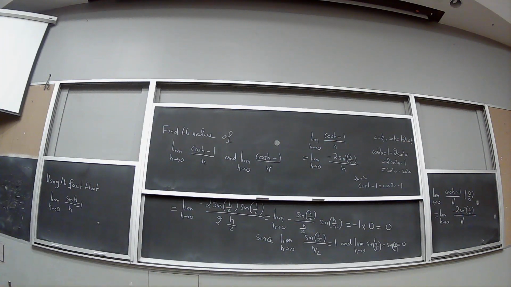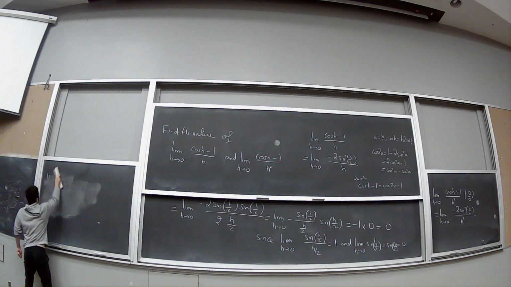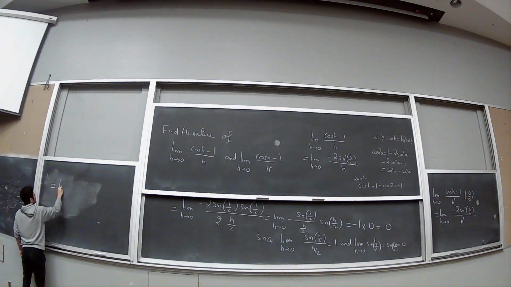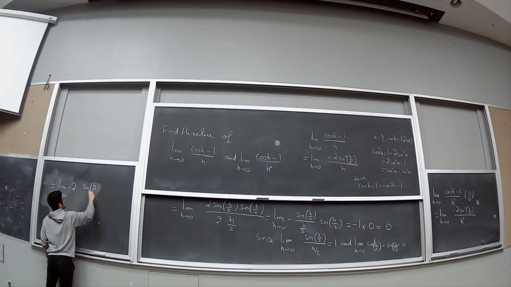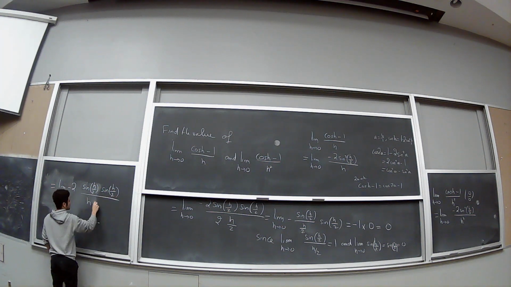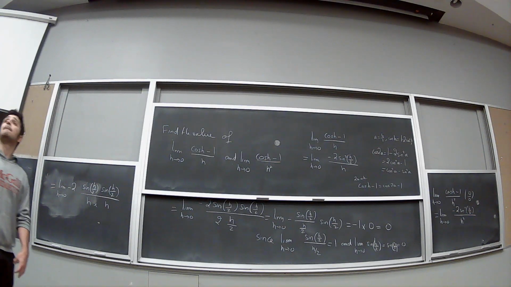Then what is this? Let's do that. How do I proceed here? Let me write the sine squared h over 2 in this way, so just sine h over 2 times sine h over 2 over h times h, right? You guys see this? Now what do I need to do here?